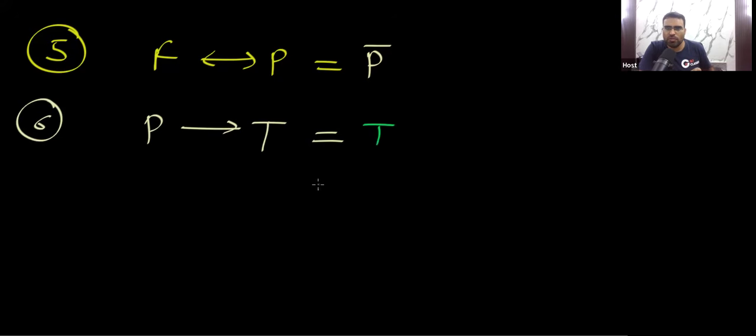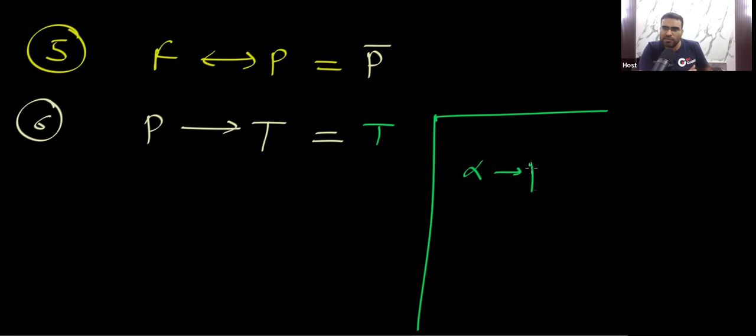I hope all these points are clear. If P implies true, what will that be? P implies true will be the same as true. Remember this rule for implication: alpha implies beta is the same as alpha bar or beta. So if the RHS is true, then the entire thing will be true.